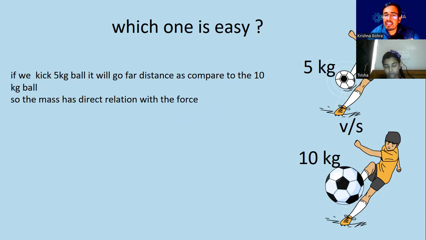So mass has a direct relation with the force. The more force we apply, the heavier the object we can push, and when it comes to kicking a lighter object, we apply little force, isn't it? Yes, sir. So we can say that mass has a direct relation with the force.